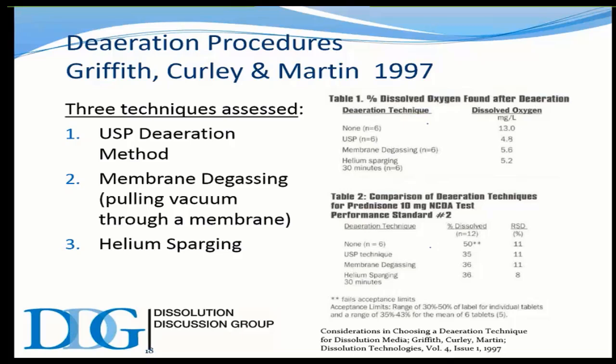So the idea here is that some of these methods are pretty good, and some, again, may not be as good. But the effect overall on the tablets, the prednisone that was used at the time, was that it seemed to be quite effective for improving the results and actually providing a lower standard deviation between runs.